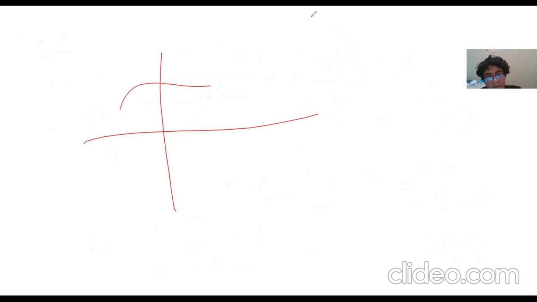Area between two curves. Remember that if you have two curves, the area between them is simply top minus bottom, right?